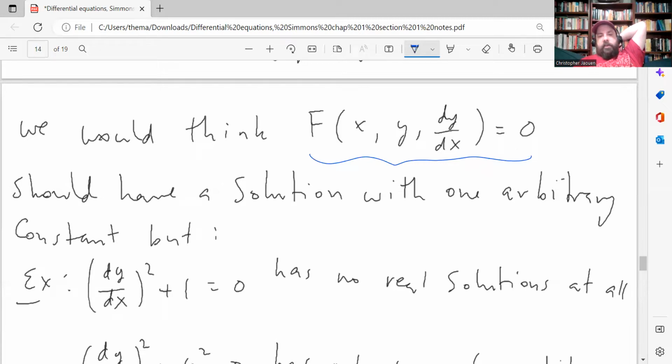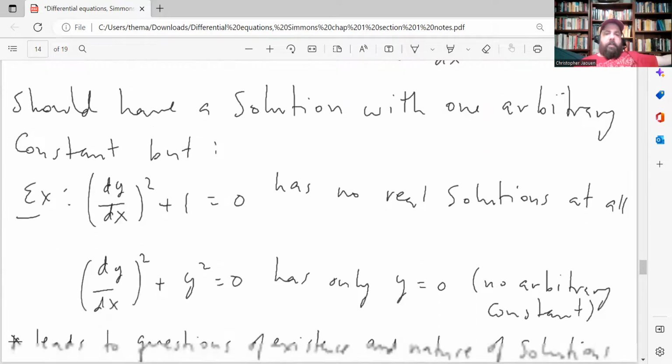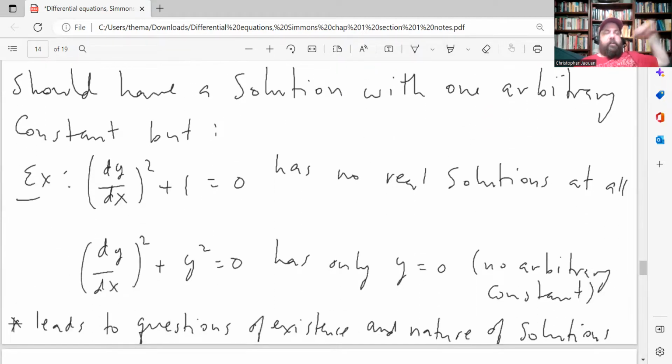So that's the general first order equation. We would think that first of all, there should be a solution to it, and the solution should contain one arbitrary constant based on what we just said about integration and everything, right? But here are some examples that sort of throw a wrench in the works.